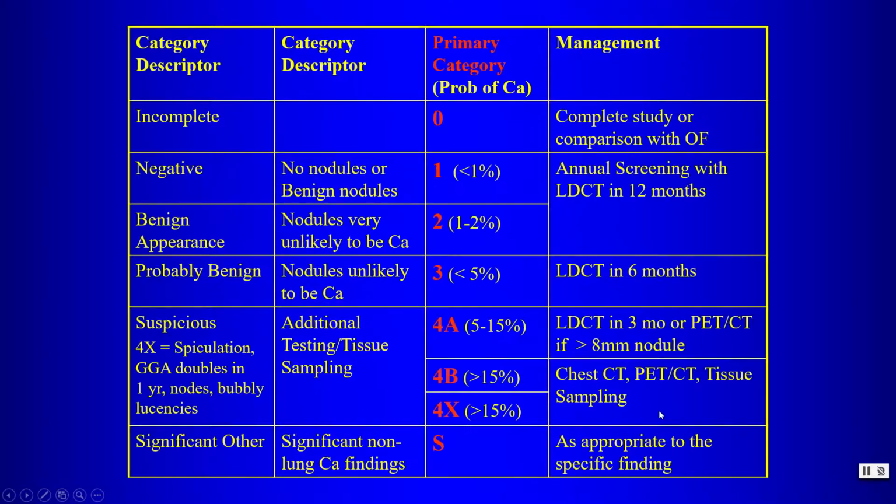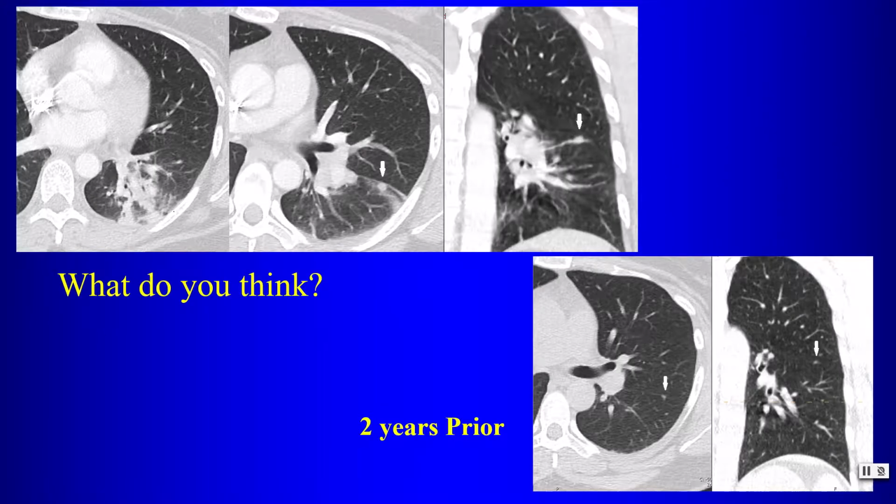So these are suspicious lesions. And then, as we've said, your score here also determines your management. That is one of the advantages of using this type of Lung-RADS scoring system.